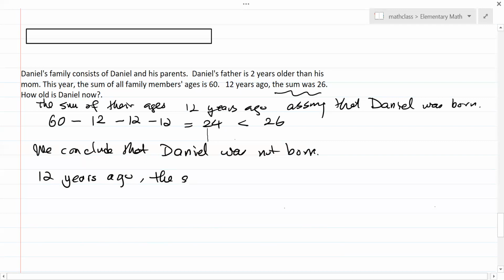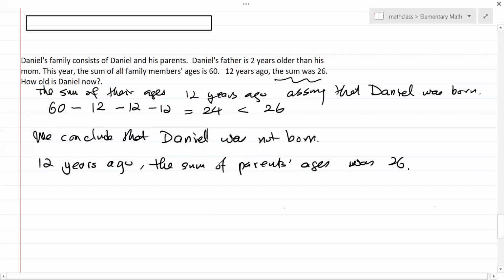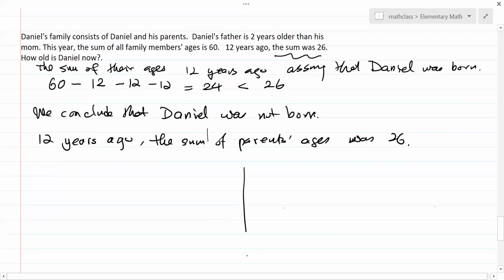More specifically, the sum of the parents' ages was 26. That's a key point. Not all the family members, because Daniel was not there. Then you can solve the problem because the sum of the ages is 26, and you can use an equation. Let me use the equation first.